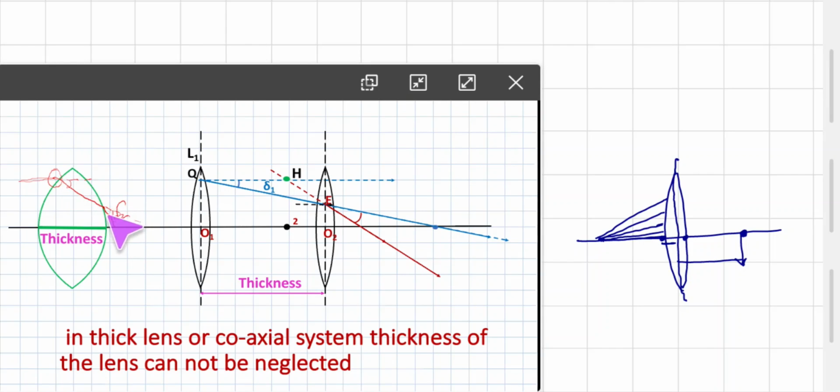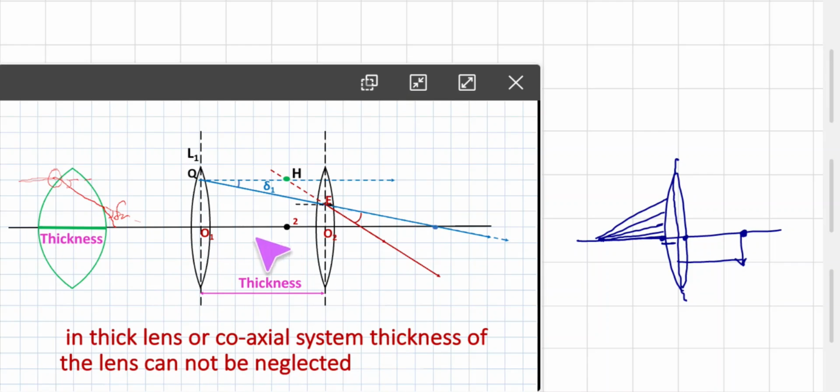So refraction is actually taking place at two points, and in the case of a thick lens or multi-lens system it is difficult to understand from where exactly we should measure the distance of the object and the distance of the image. That is the point, and that is why we should think about the cardinal points.